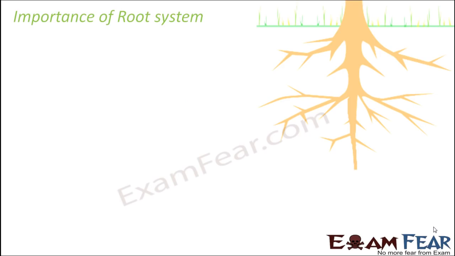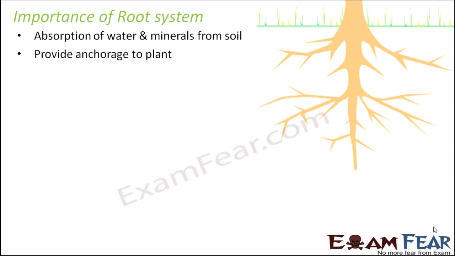With whatever we have studied so far about root, what all did we study? What is root? What are the different parts of a root? What are the different types of root? What are the different modifications of root? Based on that, what can we say about the importance of the root system? We can say that besides the so important primary functions, roots also help in performing so many special functions. Some of the primary functions are absorption of water and minerals from the soil, provide anchorage to the plant, store food.